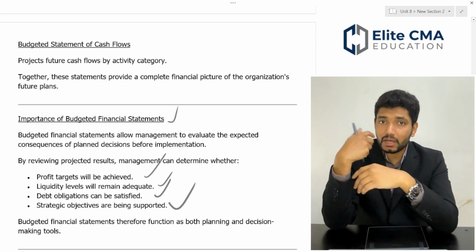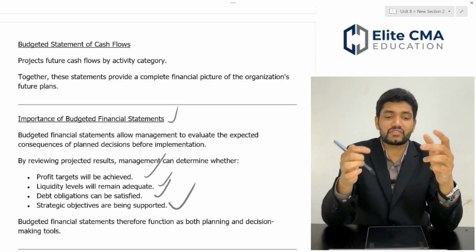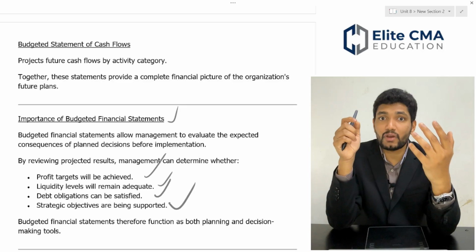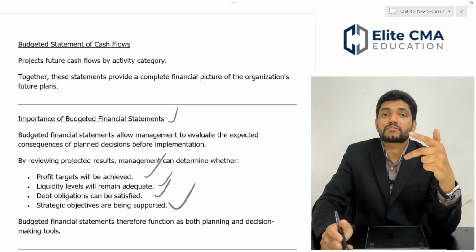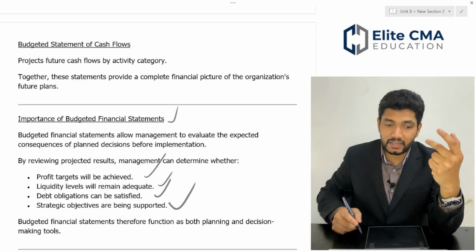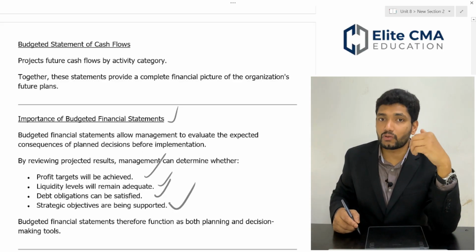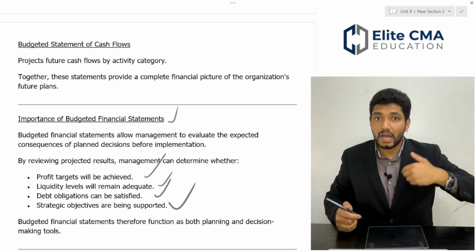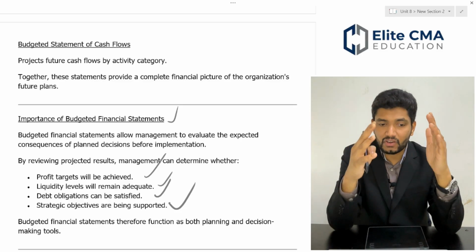This helps the management answer key questions like whether the current plan will help us achieve the expected profit and liquidity level, whether our debt obligations can be satisfied, whether our financial ratio targets can be achieved, and whether our profit plan will support the business's strategic objectives.